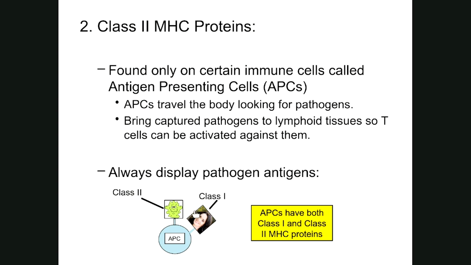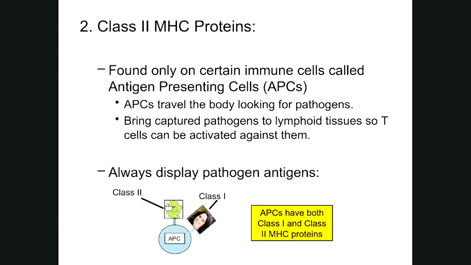When this APC displays its harmful substance to the helper T, we want the helper T to first see the self-antigen on the class 1 MHC so it can say, okay, same team, this is a good guy. I don't want to destroy the APC because I know it's a part of my body, but it's also showing me that there's something that's harmful and foreign in the body that looks like this.